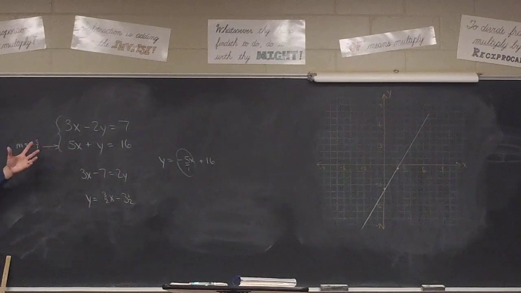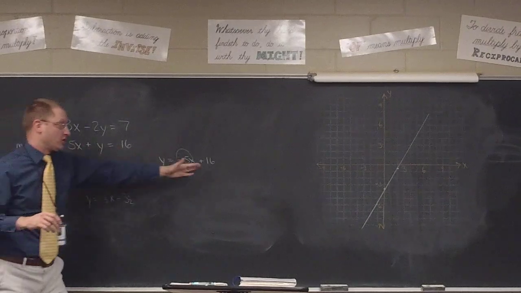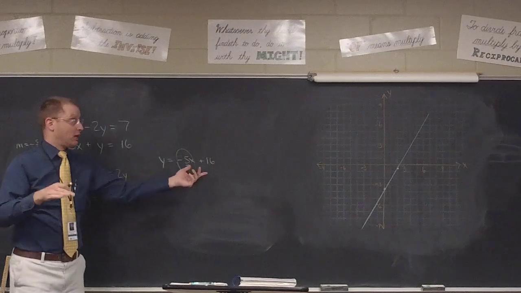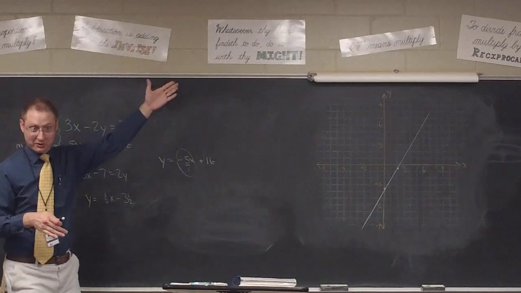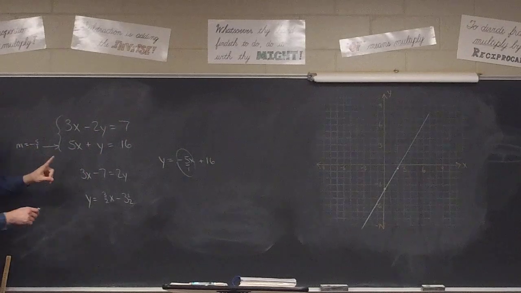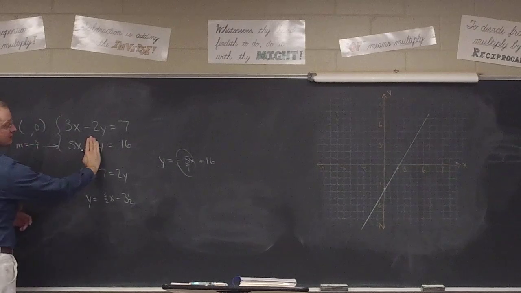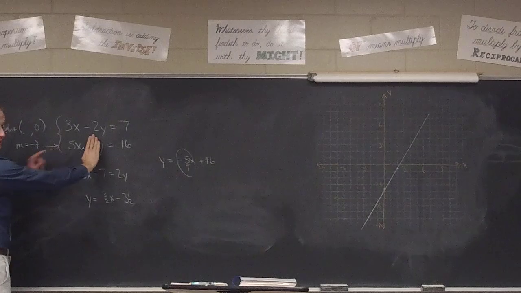Technically, you don't have to use the y-intercept. That just is a good starting point. It's just not good today, is it? I don't have room. Agreed? What we could do, though, is to say, well, what is the x-intercept, class? 16/5, right?